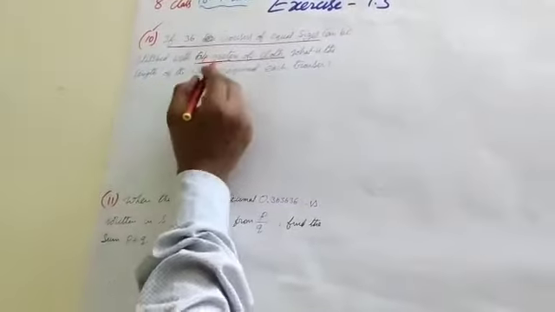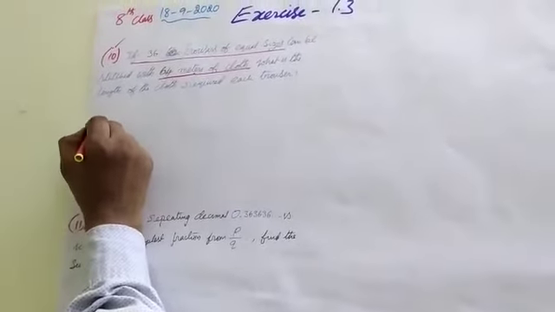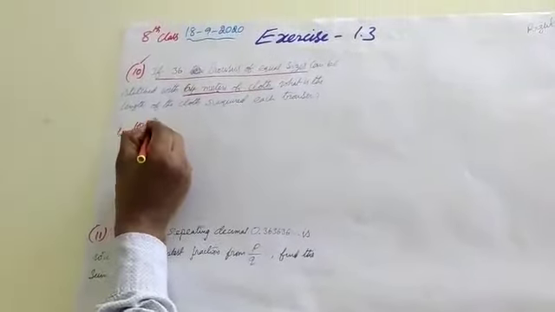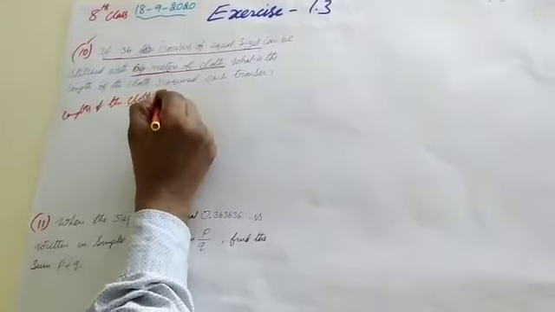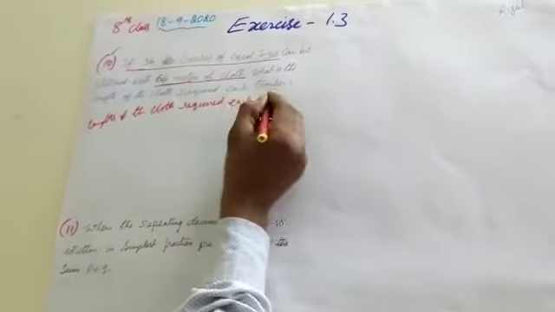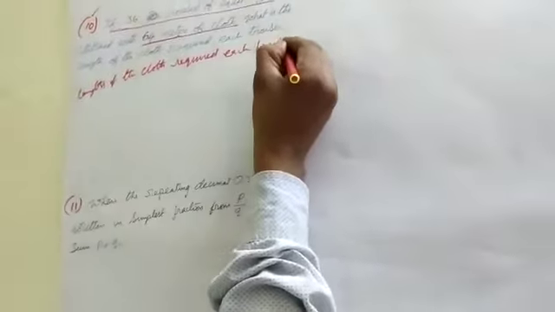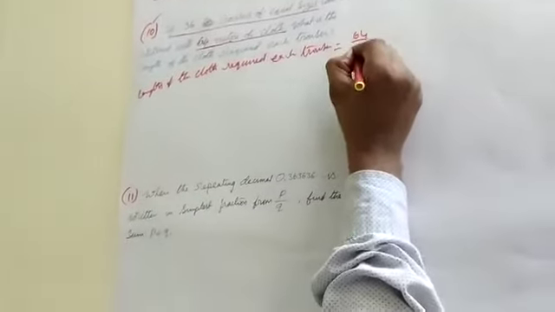That means the length of the cloth required for each trouser is equal to 64 by 36.